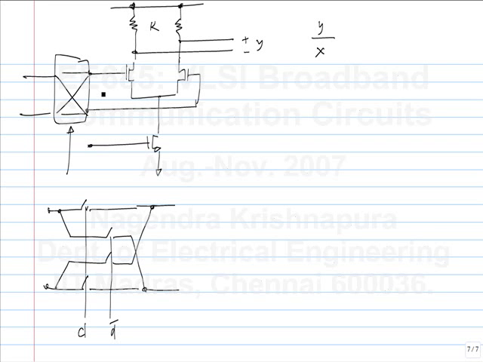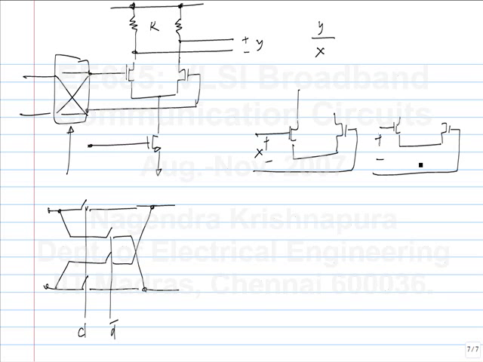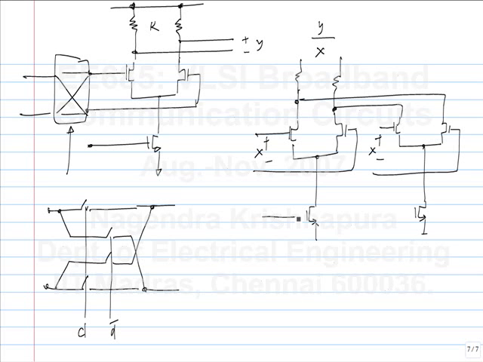The opposite one, yeah. So, an alternative is to do something like this. You apply X to this differential pair. You apply X to another differential pair. But these are connected in reverse. Okay. And I also have, let's say, I vary this with a controllable current source. Okay.